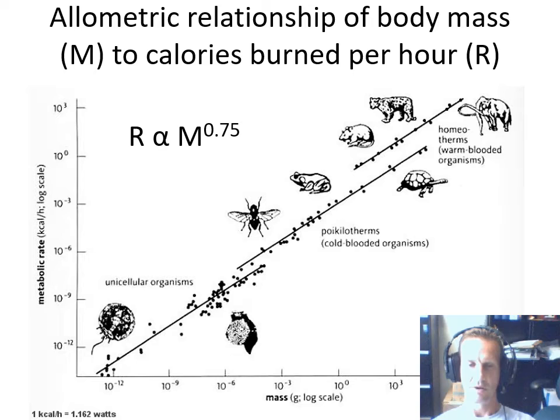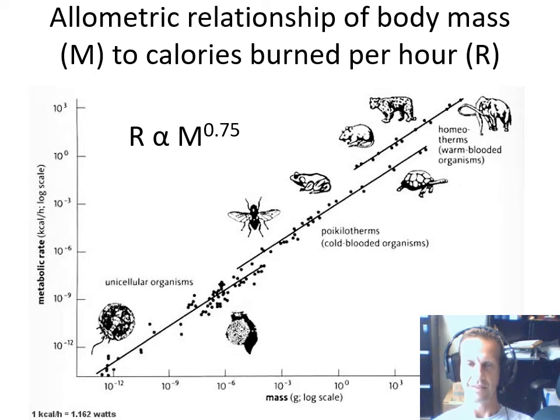But the rate of scaling is not directly proportional to mass on a one-to-one ratio. Let's say an organism that weighs 100 kilograms, which would be like a large human, they don't eat 100 times as much as an organism that weighs 1 kilogram. It's actually somewhat less than that.